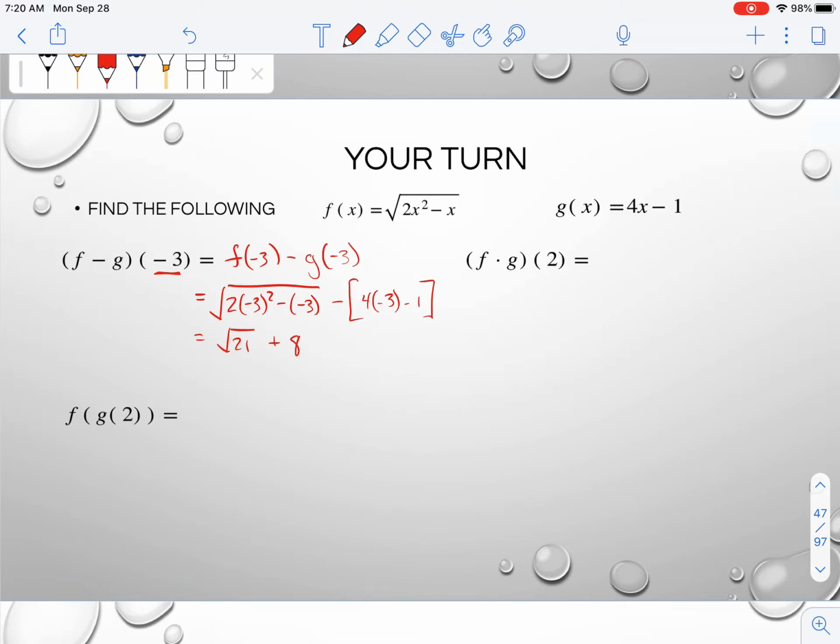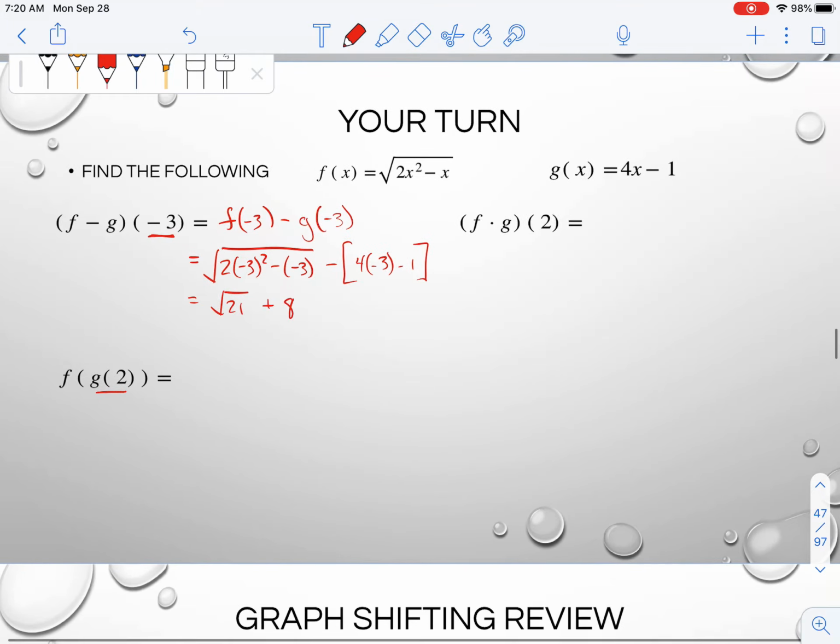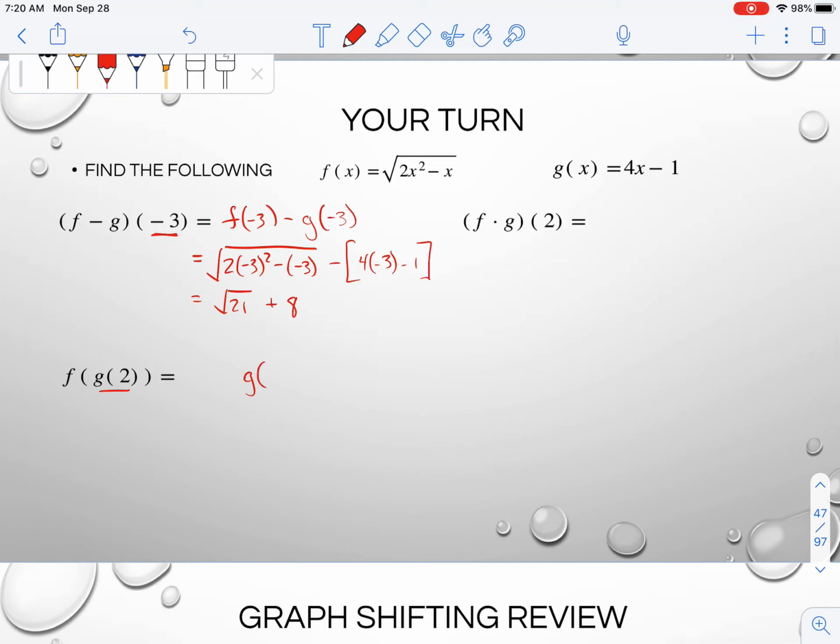When we have composition, think about order of operations. You're going to work inside out, right? So I'm going to find g of 2. And whatever g of 2 happens to equal, it's going to give me some number. I don't know what that number is yet, but then what I'm going to do is evaluate f of that value, okay?